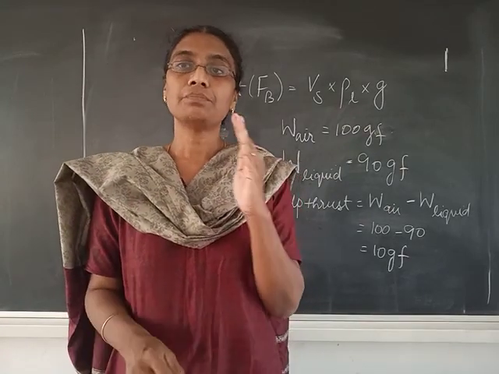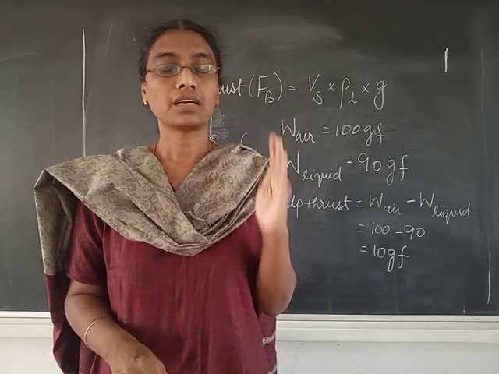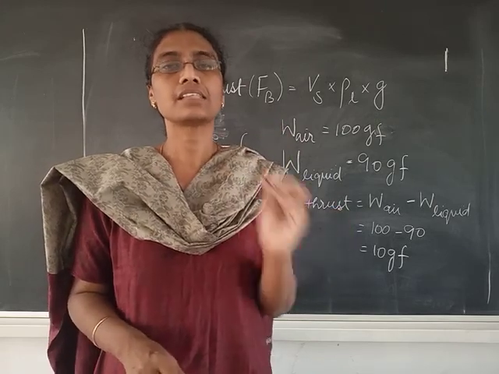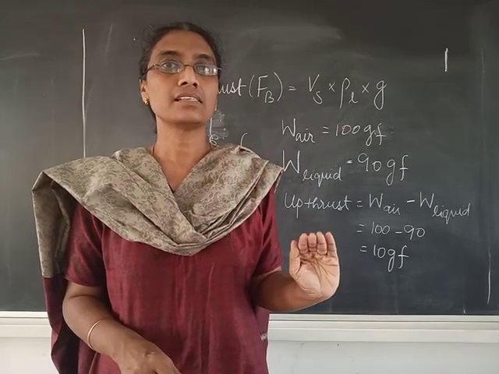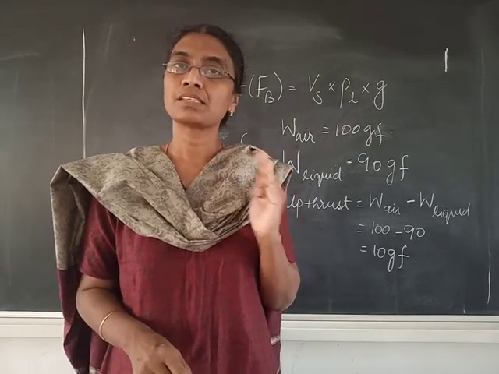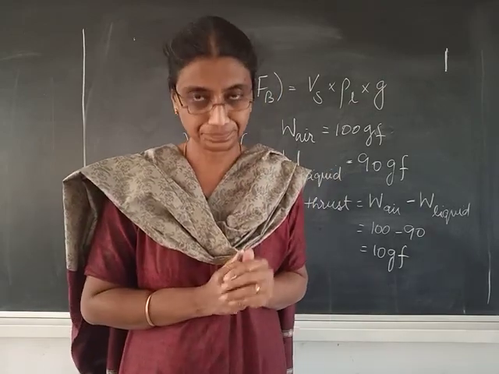When you compare air with vacuum, vacuum will not exert any upthrust. Air will at least exert some upthrust, but vacuum will not. So definitely a body will weigh a little more in vacuum than in air.